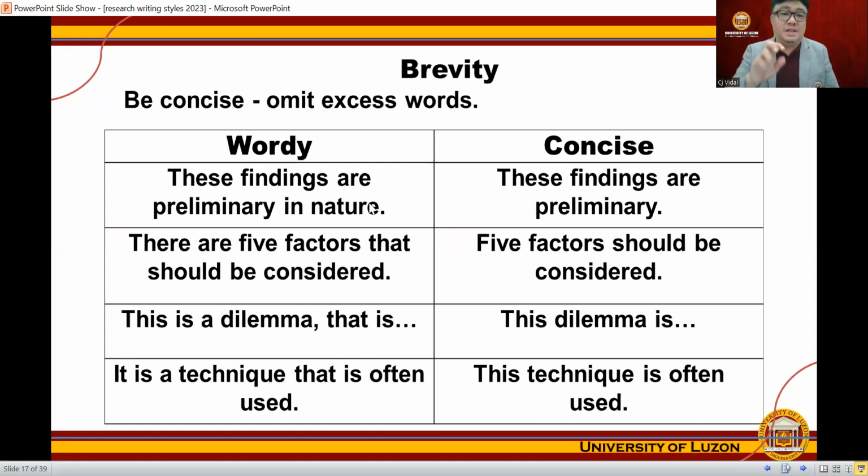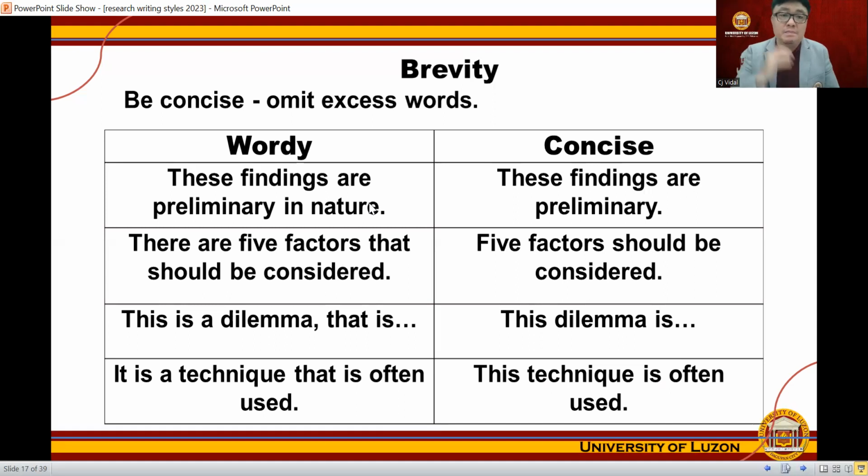For example, "these findings are preliminary in nature." A shorter, more concise way, observing brevity, we say, "these findings are preliminary."